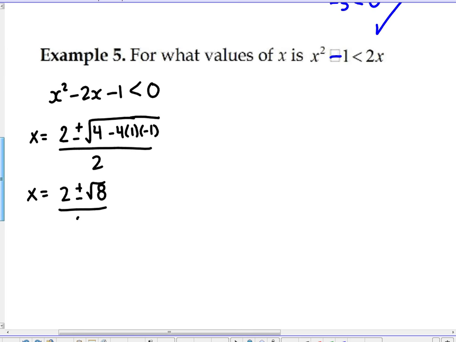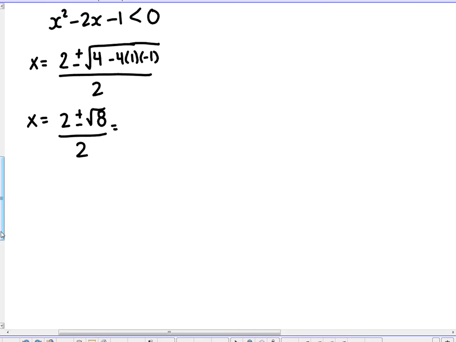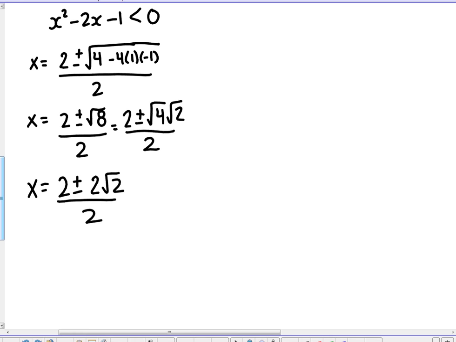Where can we go from here? Can we simplify our radicals? Yeah. Root 4 times root 2. Or, as an AP student, could we just go straight to writing 2 root 2? Yeah, I probably would. You could even write 4 times 2 here, square root of 4 is 2.